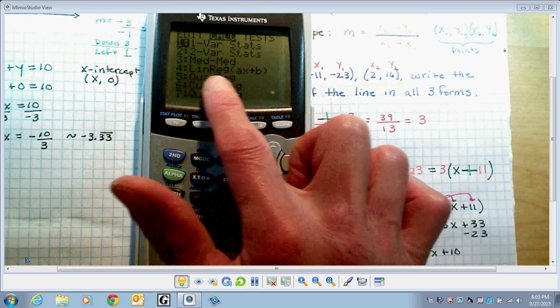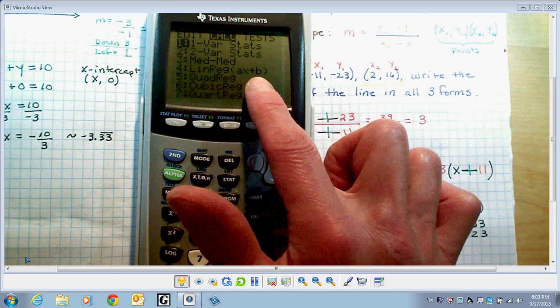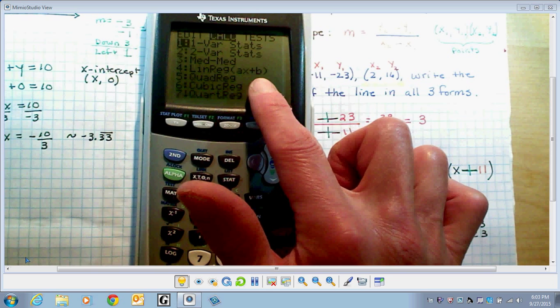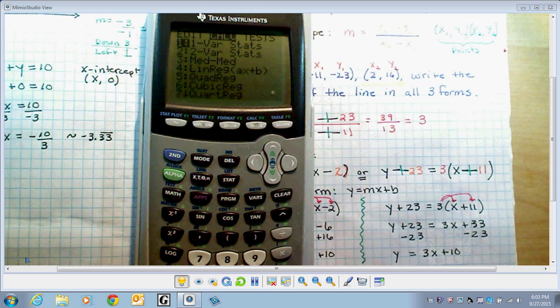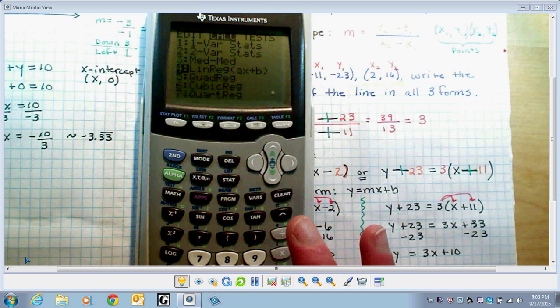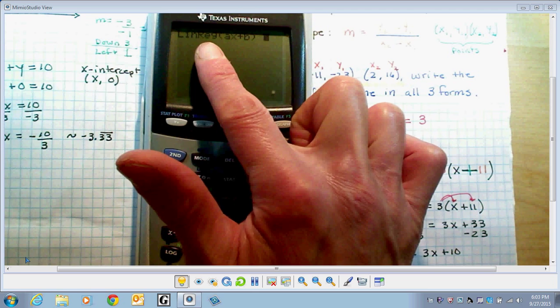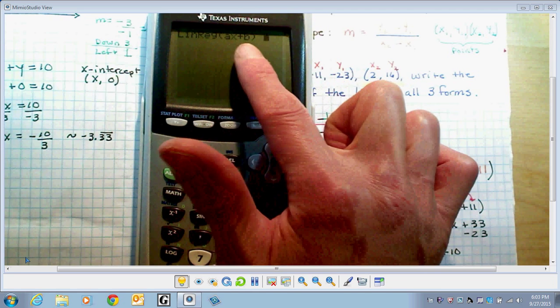LinReg means linear regression. If you notice, this says ax plus b, isn't that like mx plus b? That's what it is. I can either scroll down to number 4, or push the number 4, and then I will get this screen. Linear regression, and it's telling me the form.